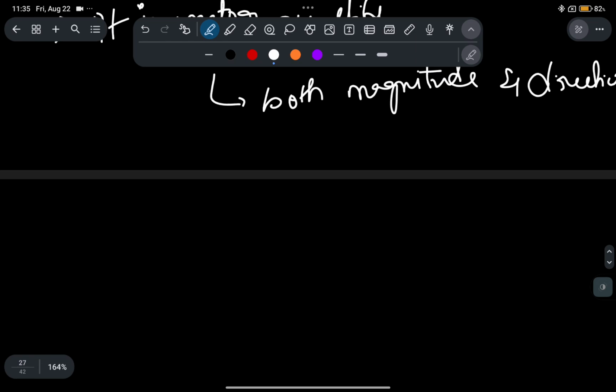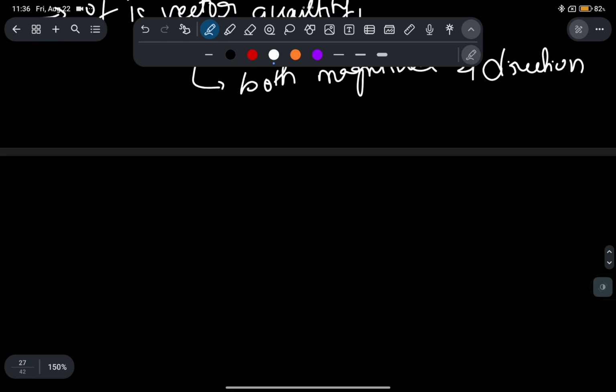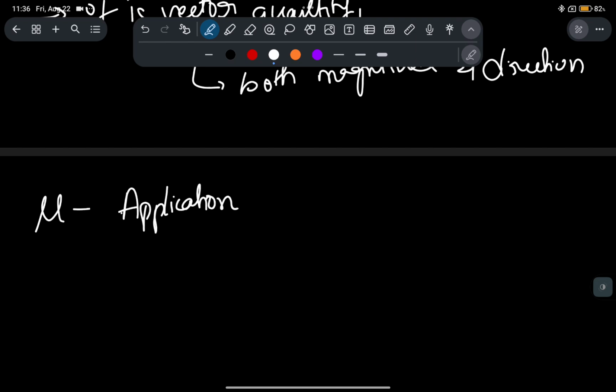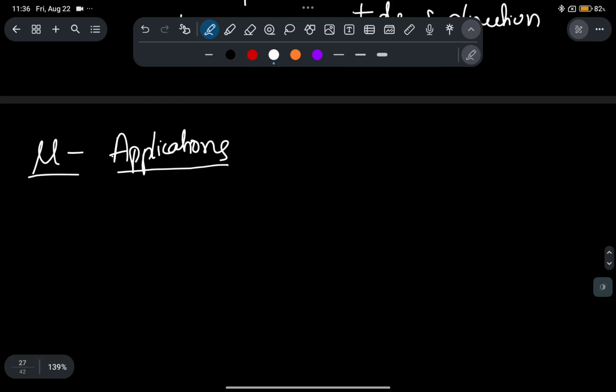So that completes the dipole moment. Now, dipole moment applications. You will be asked this in exams also. What is the use of the dipole moment?